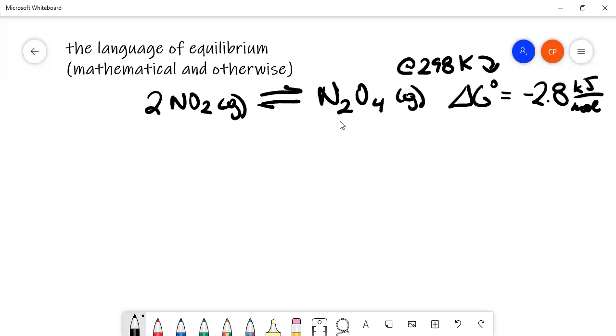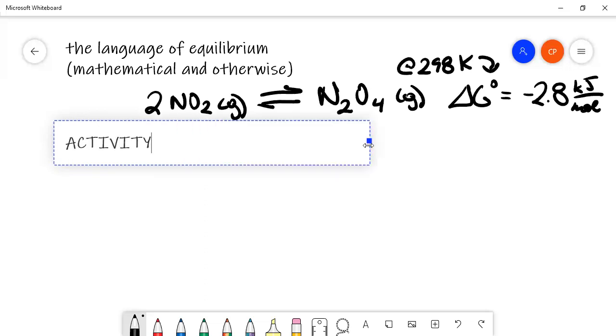Okay? So let me start to work on the language and make sure we have the language right. What determines equilibrium for a chemical reaction of this sort is a quantity that those of us who do the physical chemistry for a living like to call the activity.